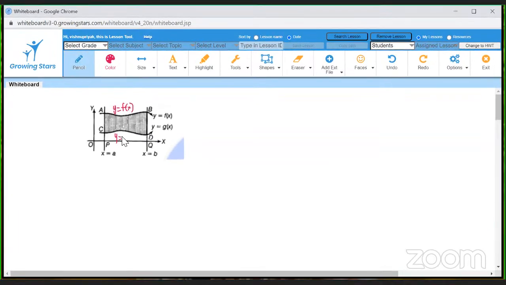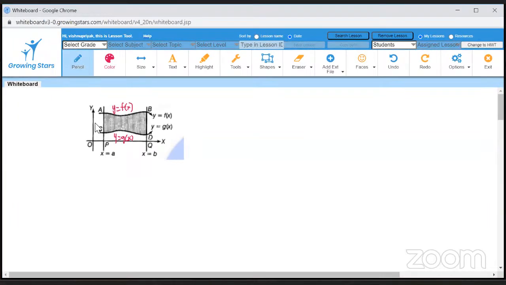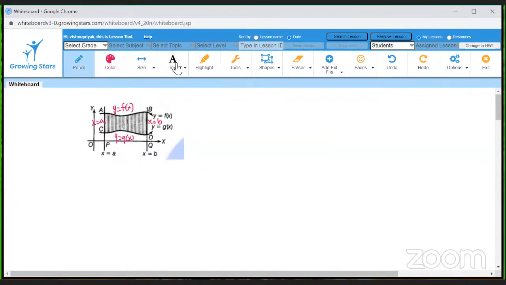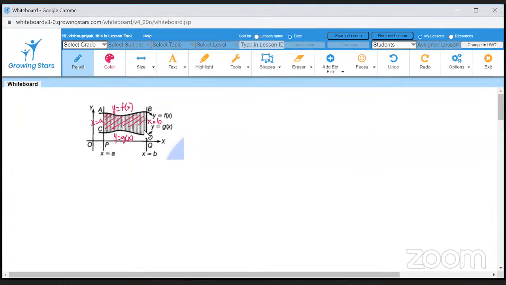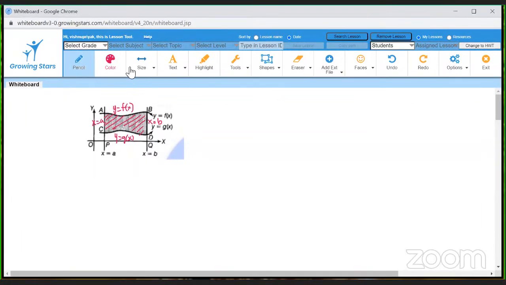Down you will be given y equal to g of x. This is x equal to a. This is x equal to b. Now you are not taking the x-axis or y-axis. But the area between the curves, this bounded region, you are finding. But the procedure is the same.